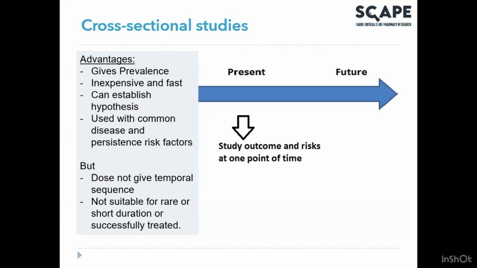Also, cross-sectional is not suitable for rare, short-duration, or successfully treated outcomes. For example, influenza is a short-duration disease, and it is successfully treated every time with medication.